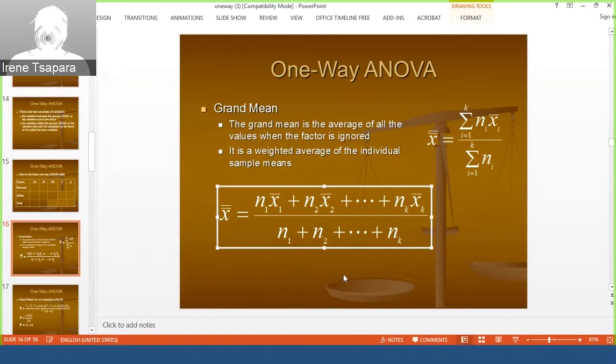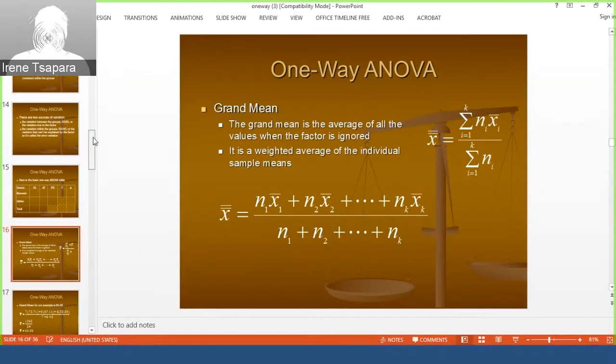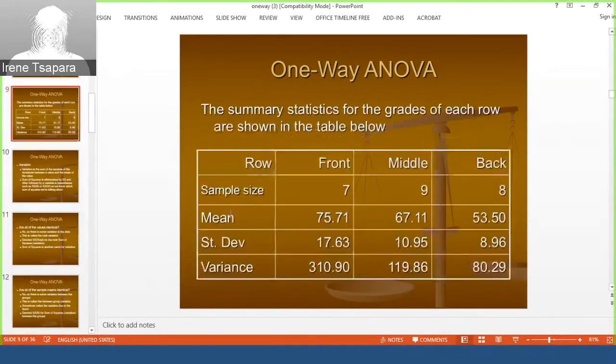Using this formula. Remember that the sample sizes we have for our problem were 7, 8, and 9. And then we had a mean for each one of those samples that was given up here. So we had the mean, and we also had the sample size.